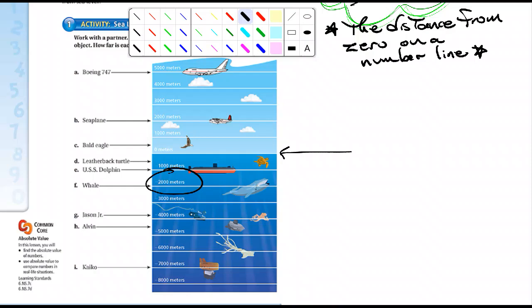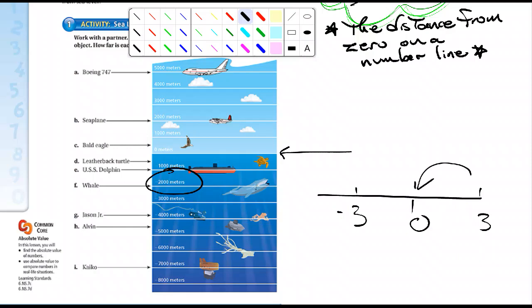If I drew a number line, Miss Sensor, put 0 here, and I put 3 here, and -3 here, let me ask you, how far is 3 from 0? Don't make it harder than it is. If you're not understanding, here's 1, here's 2.